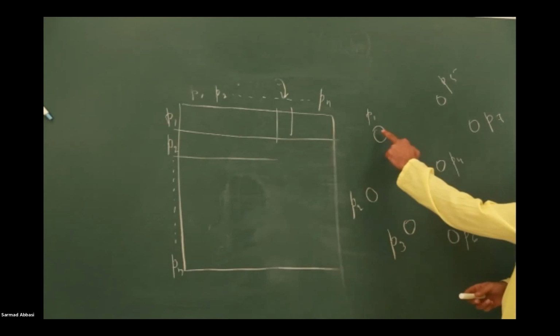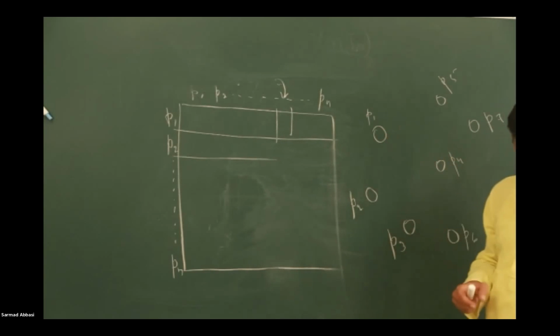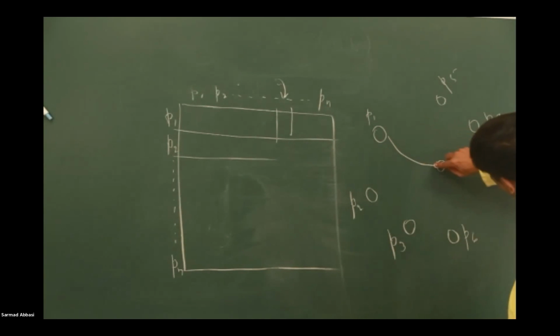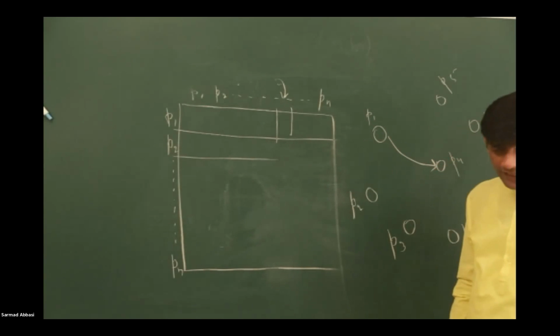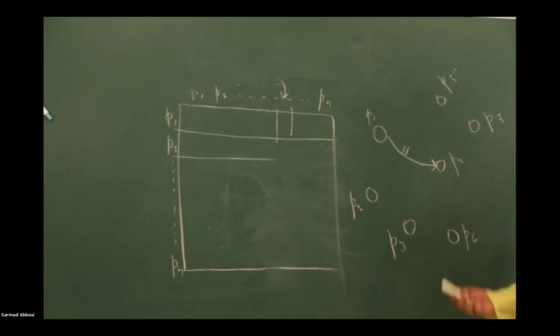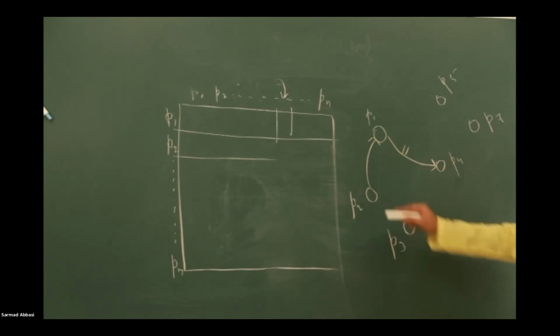First I ask which is the earliest collision for particle number 1. I realize that the earliest collision is with P4, so I draw an arrow, and maybe the time is 11 seconds. Then I ask when the earliest collision happens for P2.